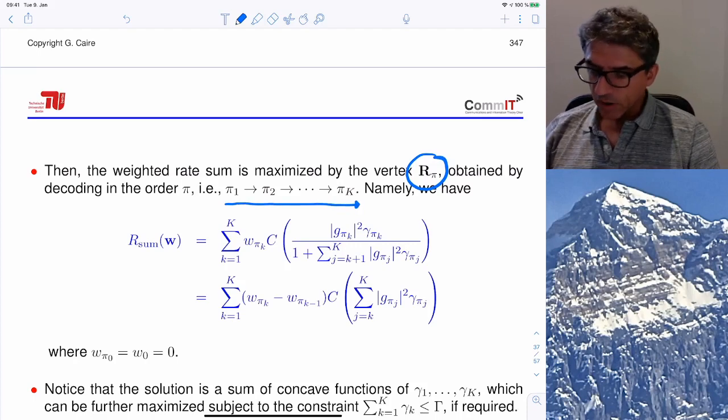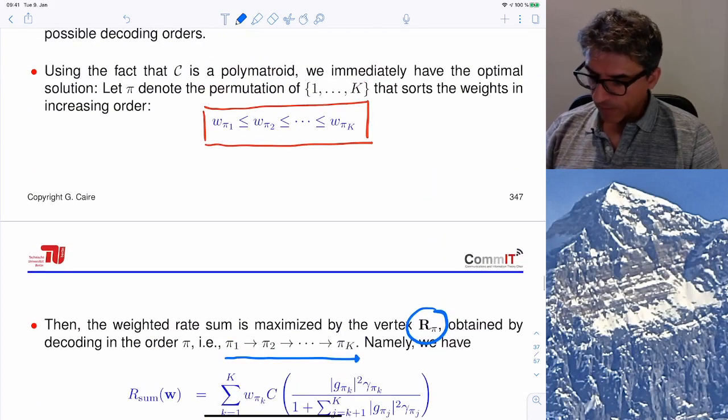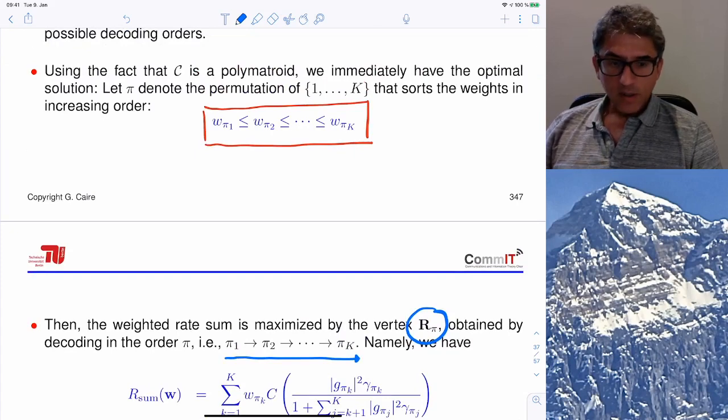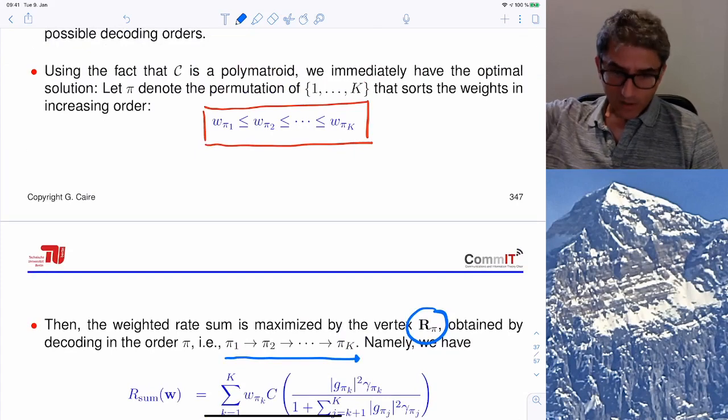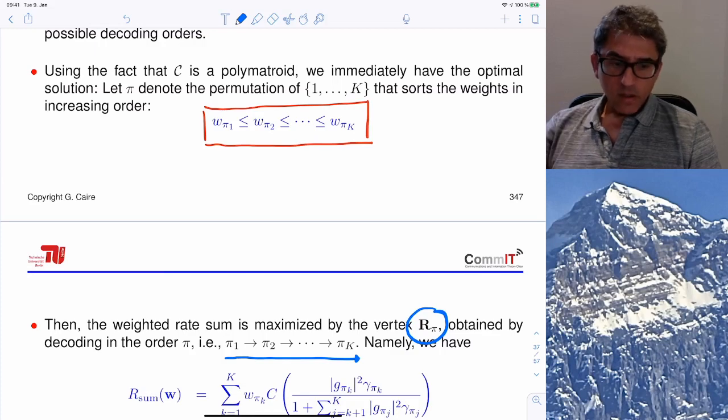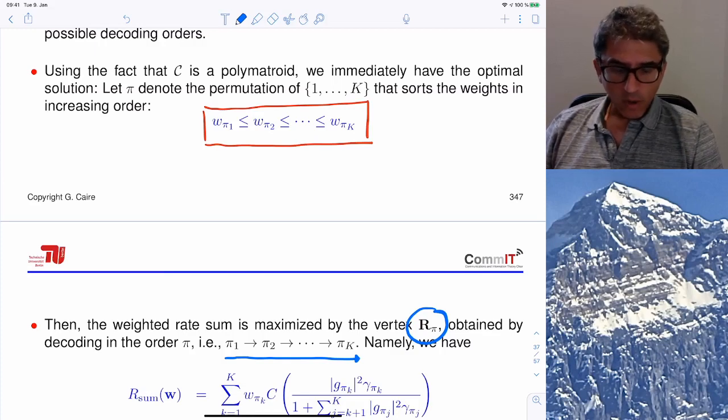So you start decoding the user with the smallest weight, and you end up decoding at last the user with the largest weight. So the weights are in a certain sense priorities.